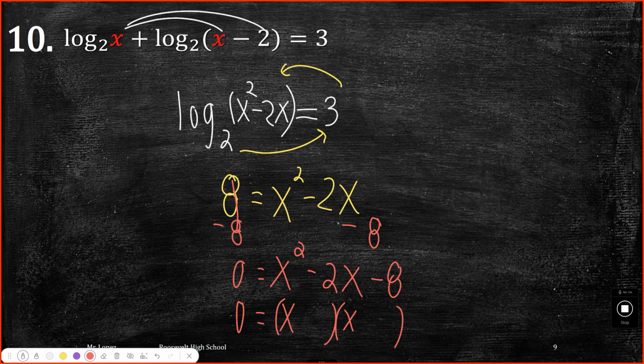We just did this in algebra 2. For the factors, it'd be negative 4 and positive 2, no? But then the answers would be x equals 4 and negative 2.